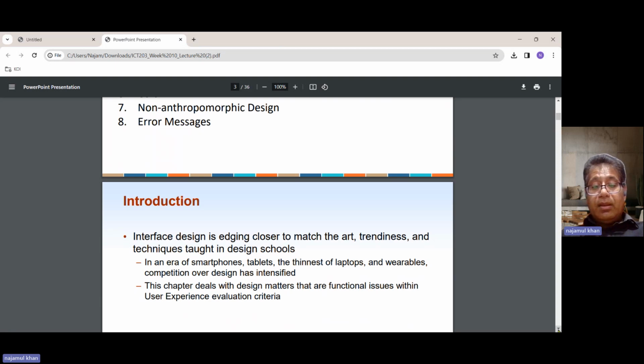Definitely this is happening. We are now living in an era of smartphones, tablets, small laptops, wearables. Competition over design has intensified. So many new products are emerging. Competitors are trying to outsmart other companies.